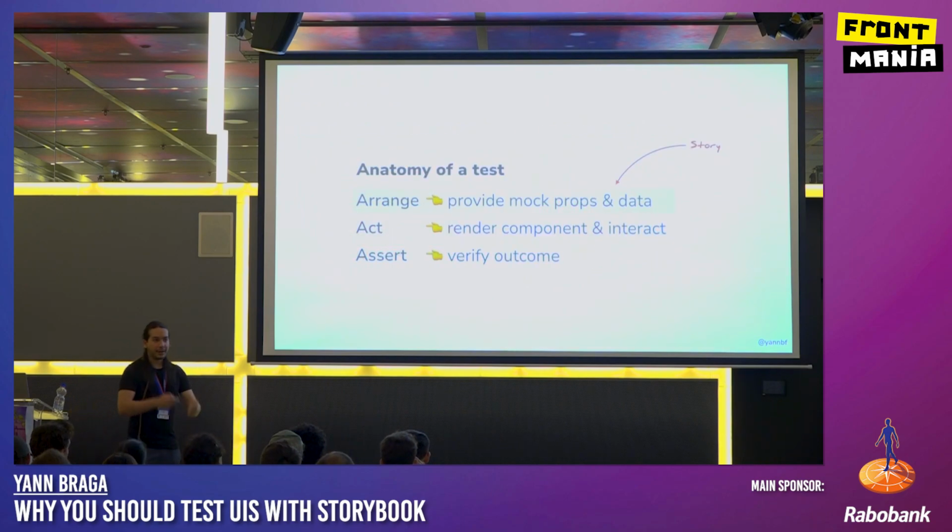So when we come back to the anatomy of a story, prior to knowing about all of these things, probably you already thought, oh, Storybook is only for buttons, and it's only for checkboxes, only for simple things. So my arrange is just the only part that Storybook provides in the anatomy of a test. But actually now, you get all of these things just by using Storybook.